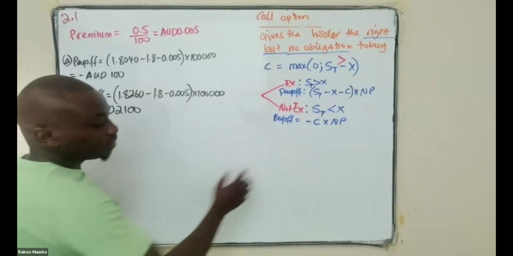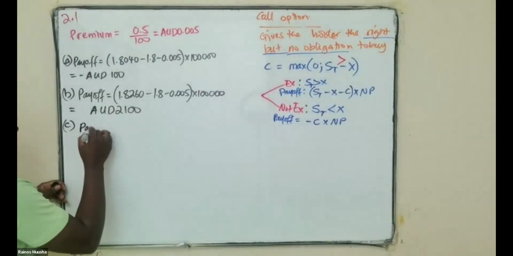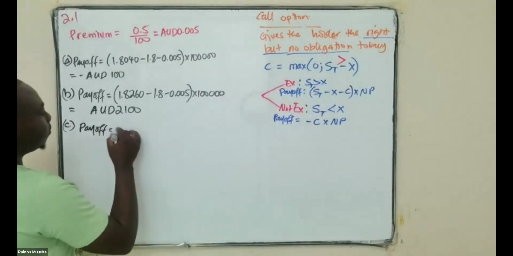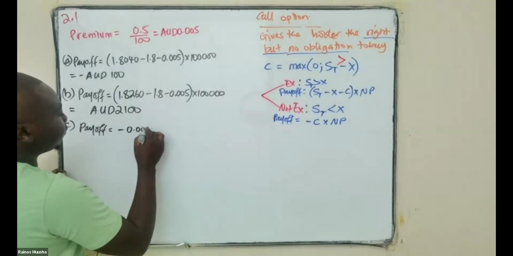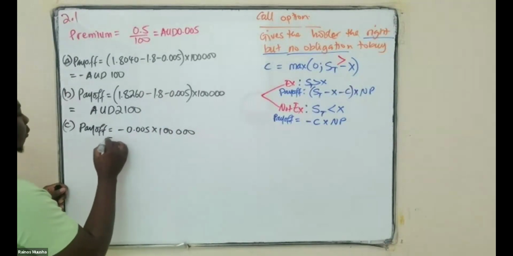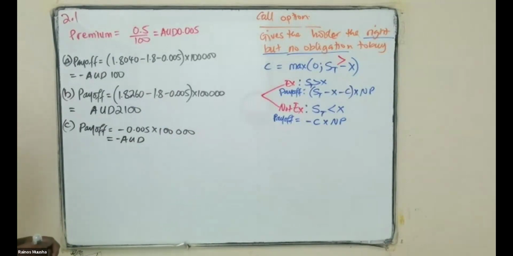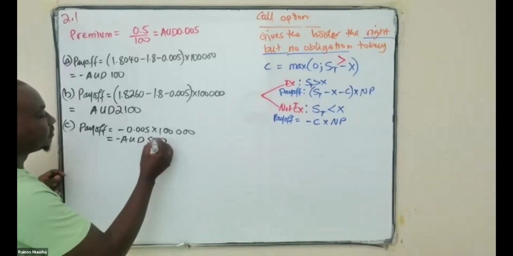If we choose not to exercise, the payoff is going to be minus the premium of 0.005 times the notional principal of 100,000 units. So how much is our payoff in Australian dollars? Negative 500. Okay.